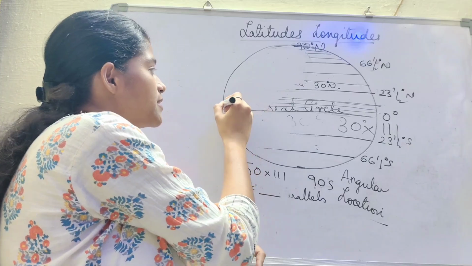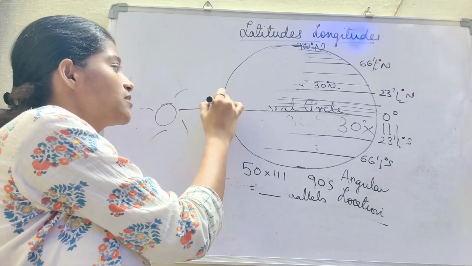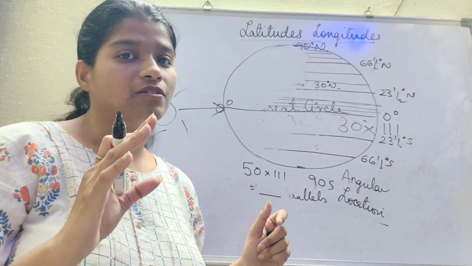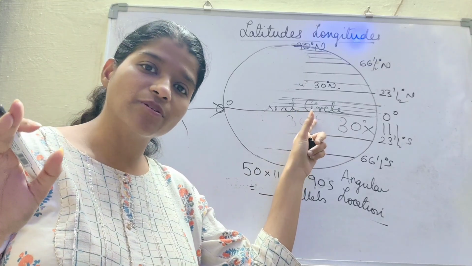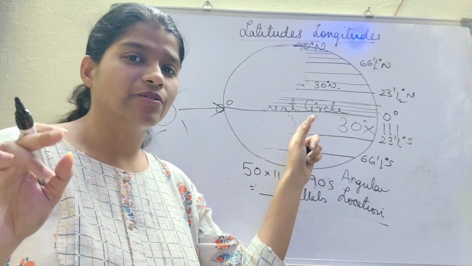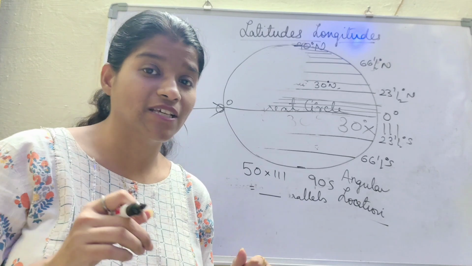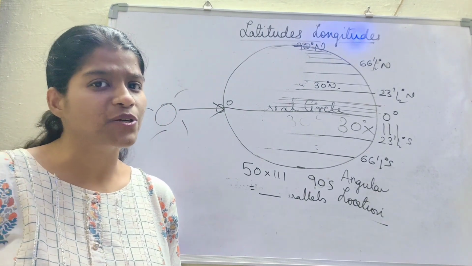The equator, at 0 degrees, receives the direct rays of the sun throughout the year. That's why this region has the highest temperature all throughout the year. It is hot, humid, and equatorial rainforests are also found here. Why are dense equatorial rainforests found here? Because of the high temperature and high humidity.